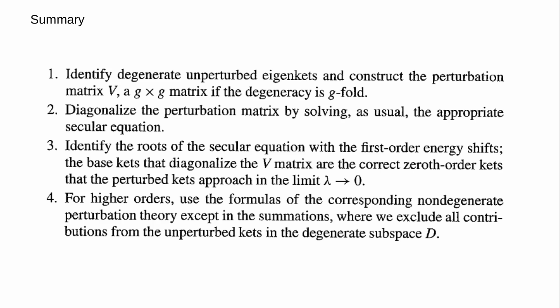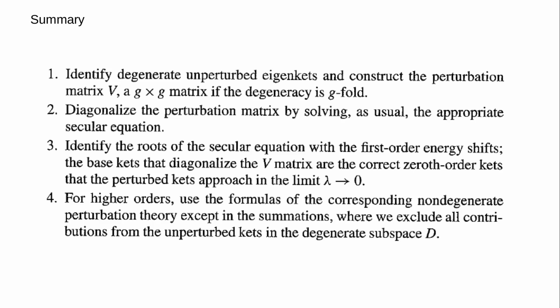First, identify the degenerate unperturbed eigenkets and construct the perturbation matrix V, which is a Q by Q matrix in our language, and G by G in Sakurai's language if the degeneracy is G. Then diagonalize the perturbation matrix by solving the usual secular equation. Identify the roots of the secular equation as the first order energy shifts, and the kets that diagonalize the V matrix are the correct zeroth order kets for the perturbed case, in the limit lambda going to 0, or in our case epsilon going to 0.